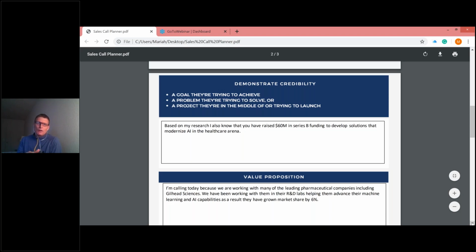The next component that goes into your call plan is your value proposition. I'm going to talk a little bit more about a value proposition later, but your value proposition basically answers this question that's going through the mind of your prospect: how can you make an impact on my business? How are you going to quantifiably impact my team or my project? Real simple.